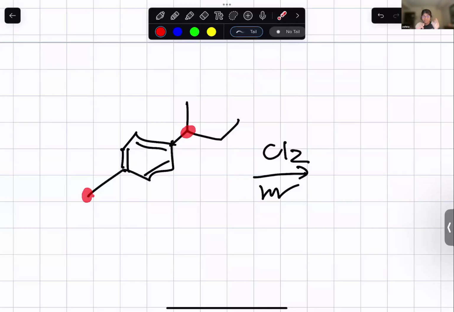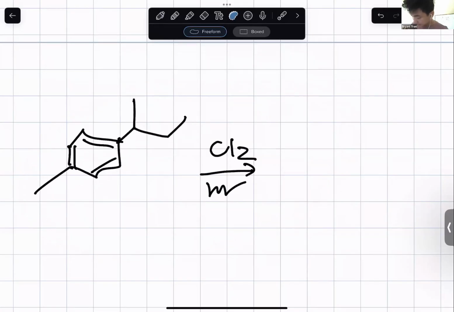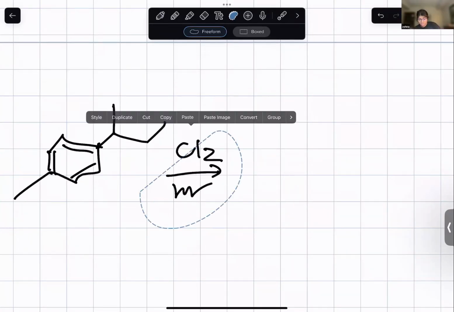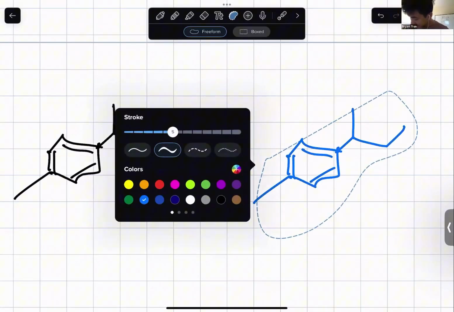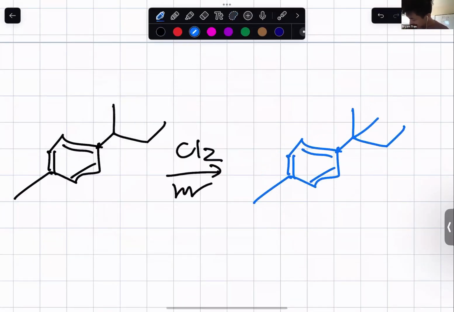So it's those two that you've highlighted. And the one that has more hyperconjugation is the one with the methyl. So therefore, chlorine has to go there. Yes. Nice. Okay.